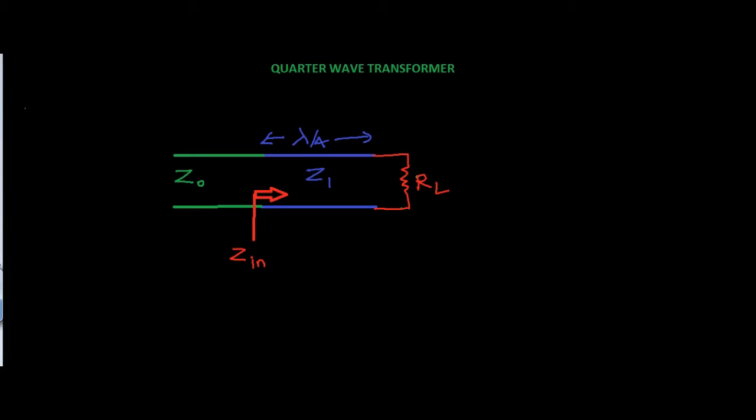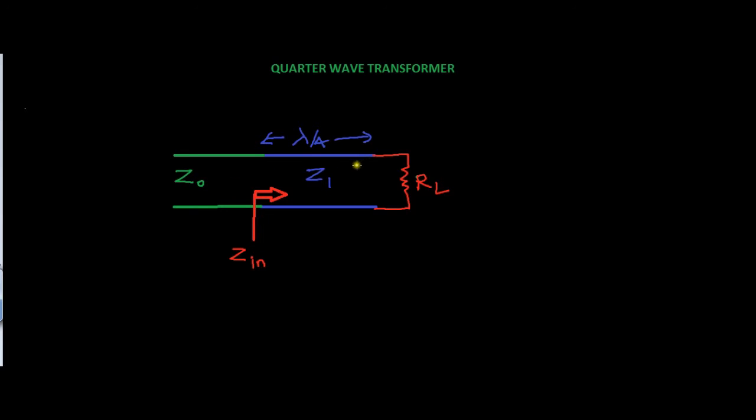The quarter wave transformer is a practical circuit for impedance matching. As you can see, this is the circuit employing a quarter wave transformer, and in this circuit both RL and Z0 are real and both values are known to us beforehand.